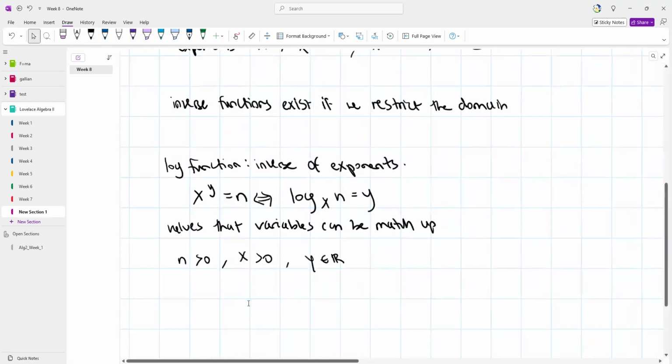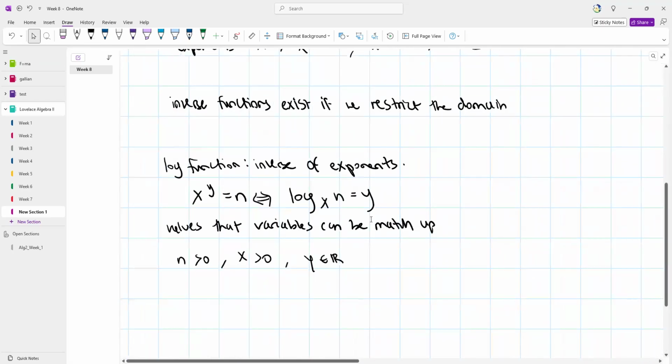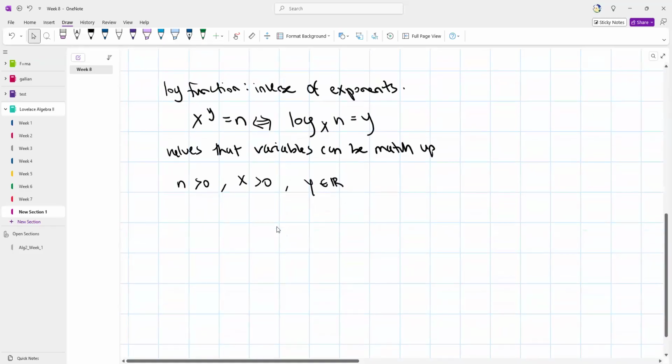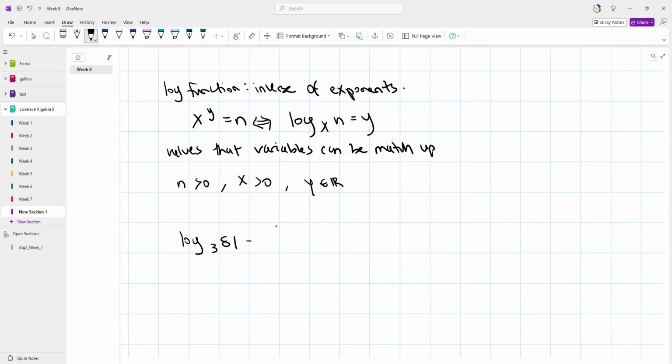Yeah, so you can deduce this all by going backwards to x to the power of y equals n because we're more familiar with that. So as practice, just to get used to the notation, let's take log base 3 of 81. We can think about that for a second.